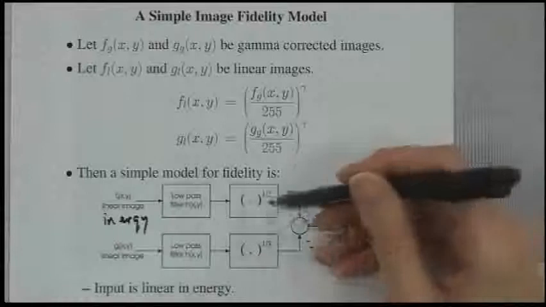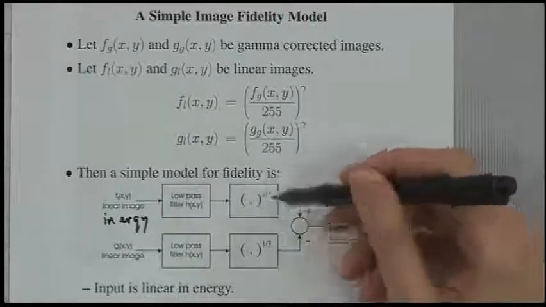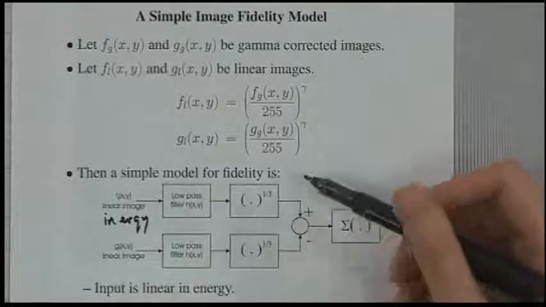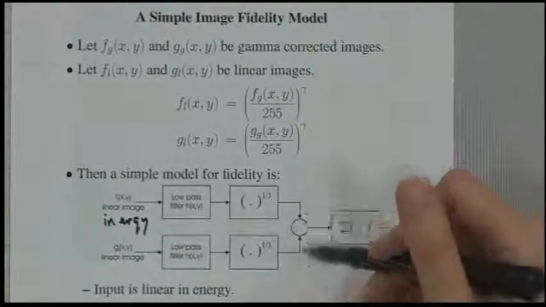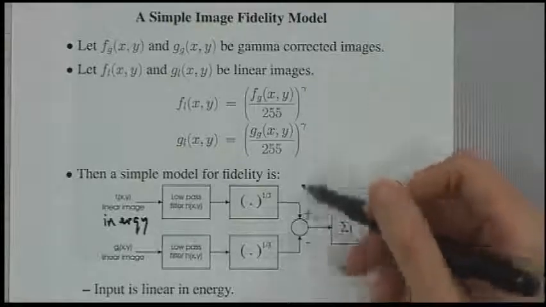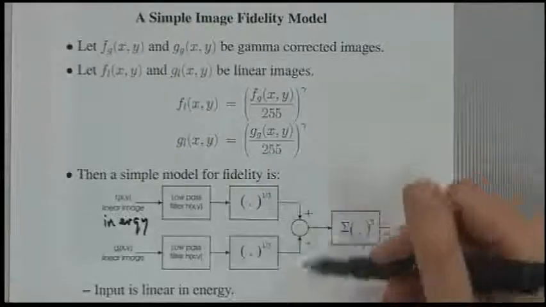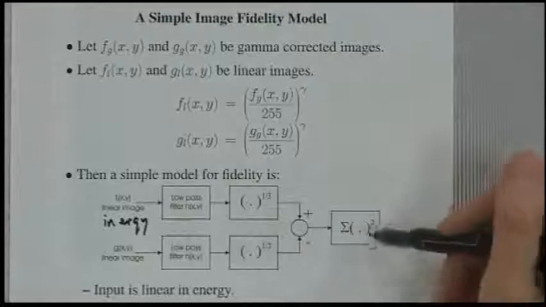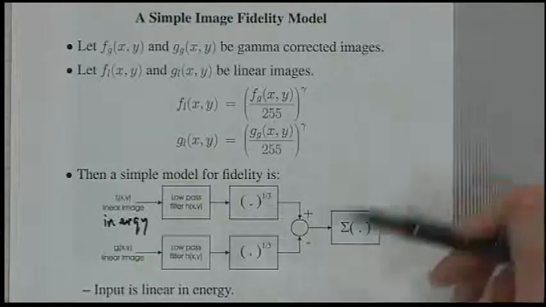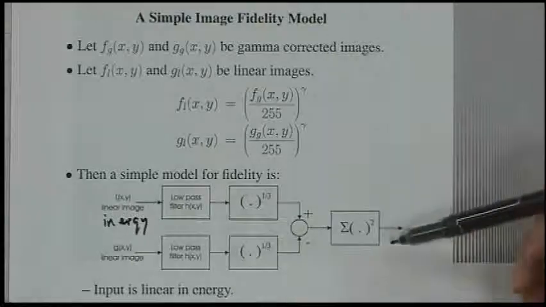So if we do this mapping and put it in that perceptually uniform scale, then the differences we see in dark regions and light regions will be treated similarly. We'll be putting those roughly in the same scale, so that when we look at the total difference between the images, we're getting a pretty good representation of the pixel-wise difference.